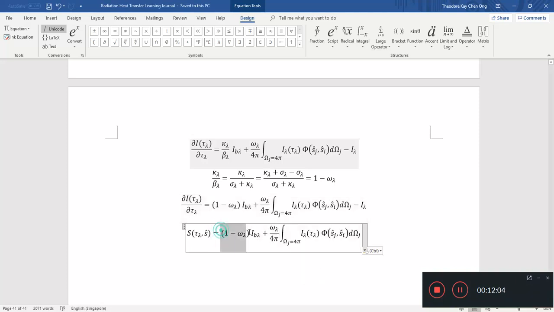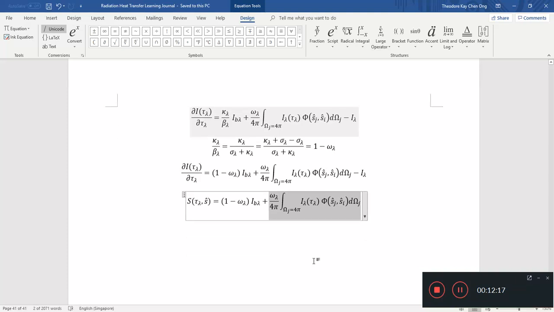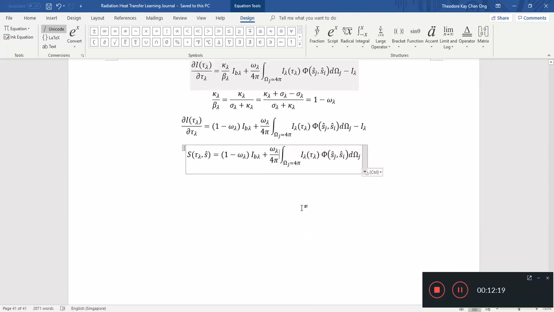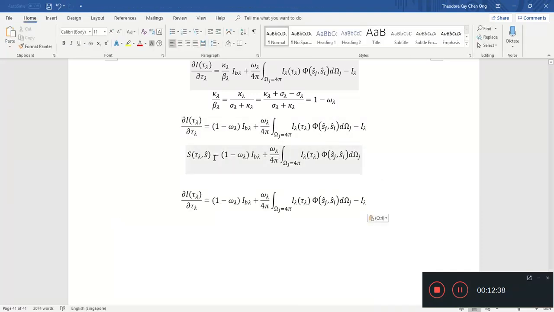Because both of these terms actually augment or strengthen the beam, one due to emission from the medium, one due to scattering. Alright, so that's what the source function is. So next time you see a big S like this, you know it's the emission term and the in-scattering term combined together. Now, of course, once we substitute that in, we will have a very simple looking equation that looks something like this.